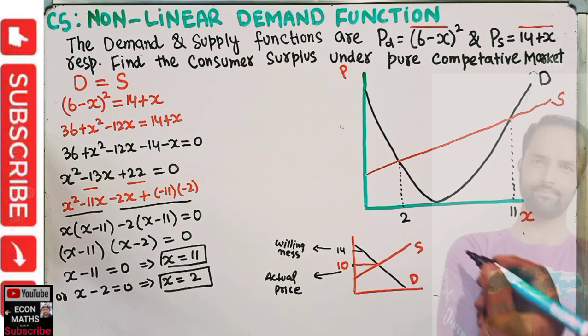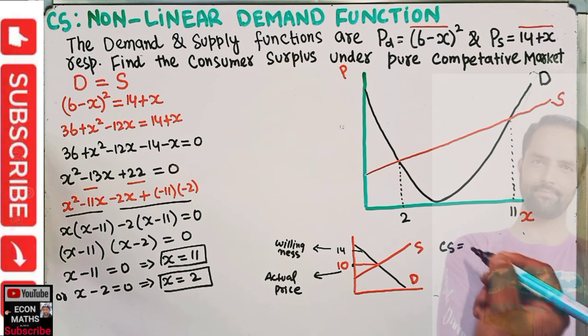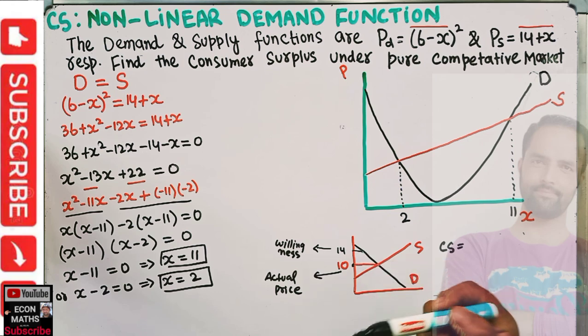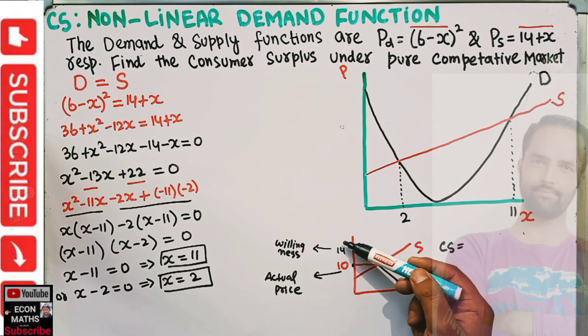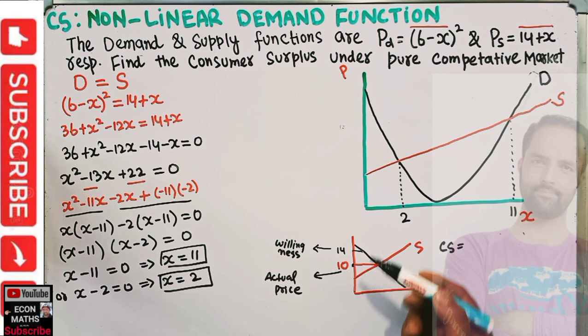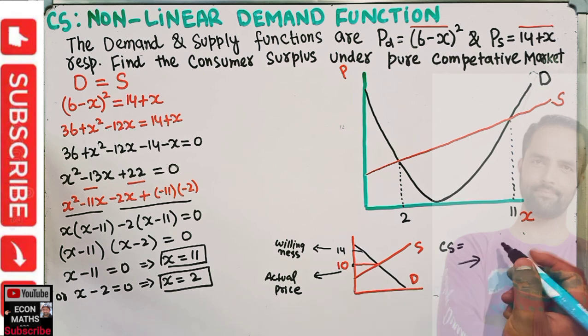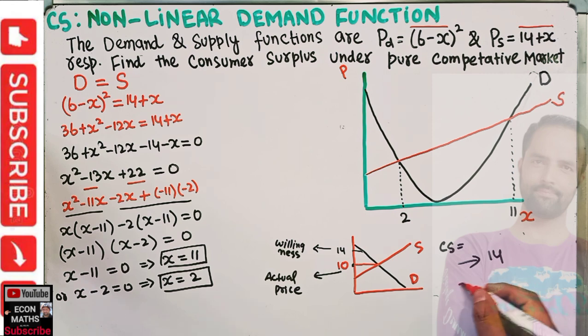So what is consumer surplus? The difference between the price the consumer is willing to pay and what he actually pays. Let us say a consumer is willing to pay $14 for a product, but at market the price is only 10.